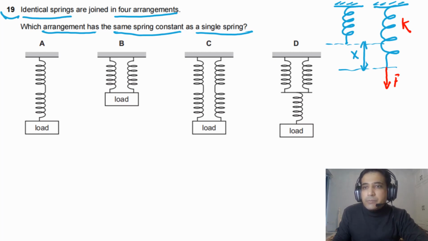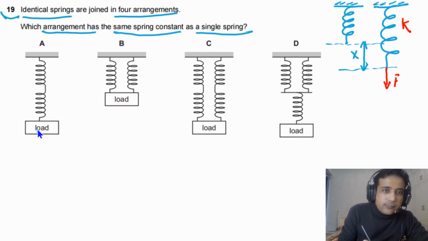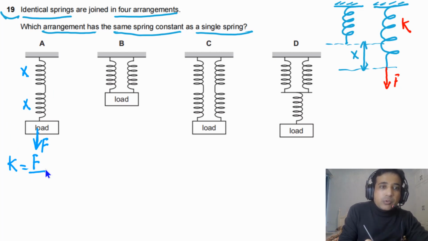In the first case, let's say the force here is F. When the force here is F, the force acting on this spring also will be F. So the extension in spring 1 will be X, and the extension in this spring also will be X. So in this case, K new will be equal to F divided by the total extension, that is 2X.